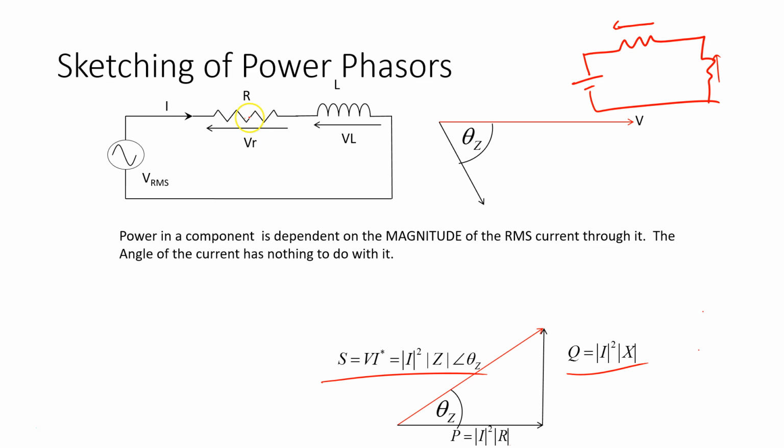So in one way, if I combine the impedances, I will get this vector here with this angle, the angle theta Z. The other way, if I calculate it for each one of these individually, I have to know that the R corresponds to P and the L corresponds to Q.